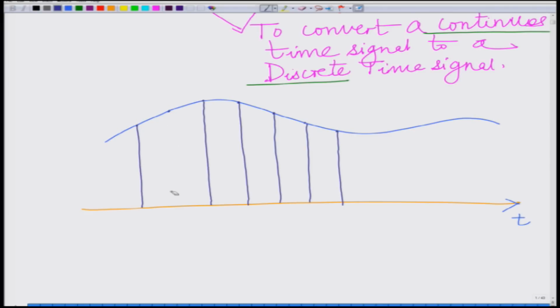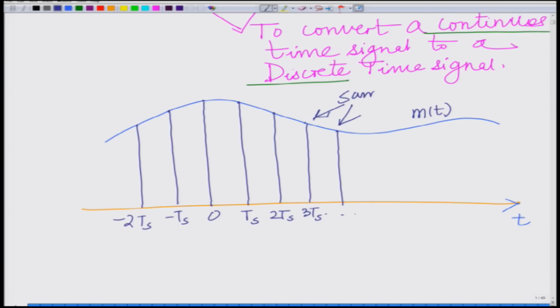So, let us say the sampling time is 0, then I sample it at Ts, second sample at 2Ts, 3Ts and so on, then minus Ts, minus 2Ts. So, this is my signal, let us say m(t), and these are the samples of the signal.